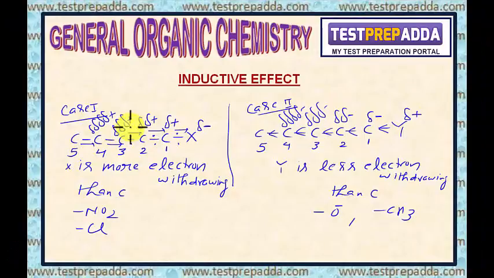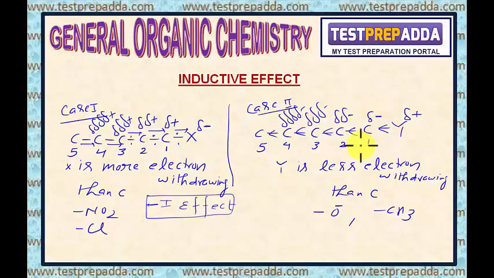Now, if you compare the two cases, in case 1, what is happening? The electronic displacement is towards the attached group, while in case 2, the electronic displacement is away from the attached group. In case 1, the electron density on carbon decreases. That is why it is known as minus I effect.